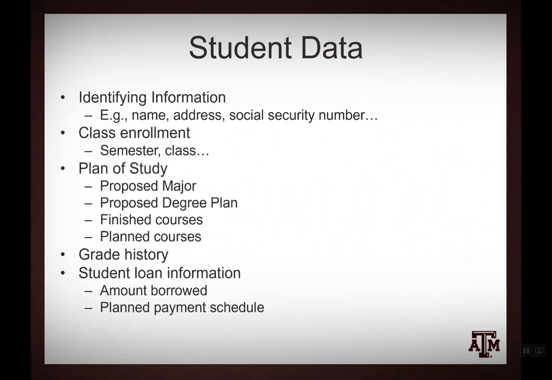All right. Class enrollment. If the class enrollment, what you're enrolled in this semester, would you say that's high, medium, or low? Let's say for the sake of argument, it's medium. Your plan of study, your proposed major, your degree plan, your completed courses, I would say medium.